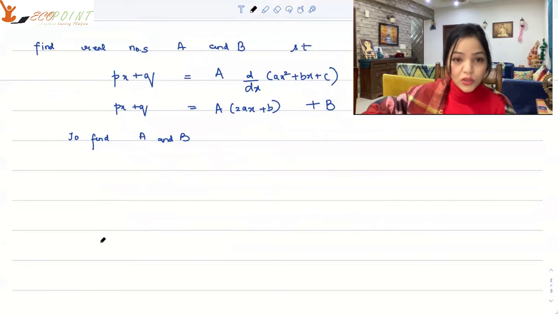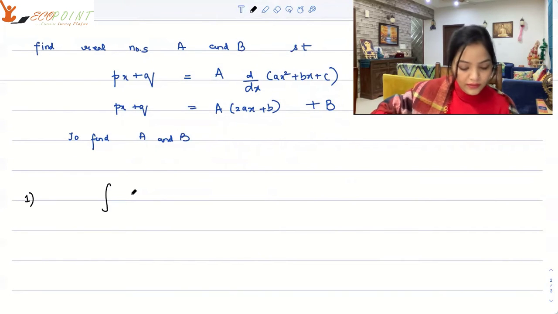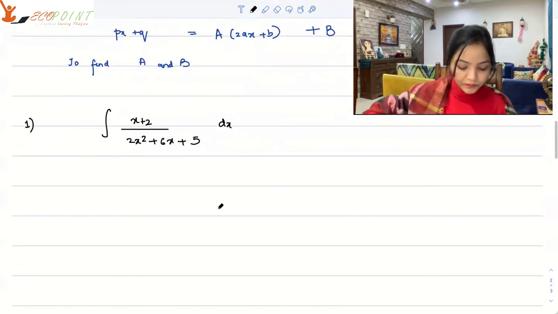Let's take up a question in order to understand this. So suppose we have the integral of (x plus 2) upon (2x square plus 6x plus 5) dx. Now, how to solve it?